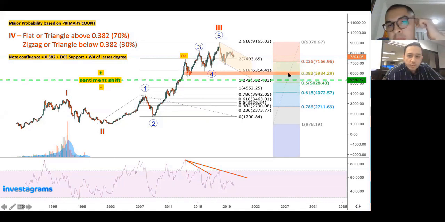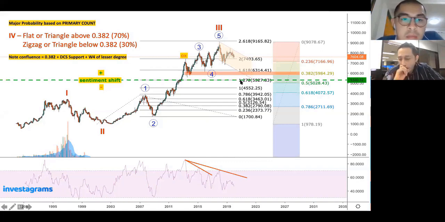Because the 382 fib support is essentially the historical relationship, at least from a probabilistic point of view, between a wave 3 and an unfolding wave 4. So obviously, I'm not saying that that's where it always goes. What I'm simply saying is that 50-60% of the time, majority of the time, you're going to see wave 4s hit support at the 382 fib relative to wave 3. So that's the first overlap.